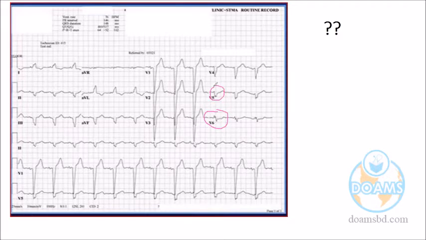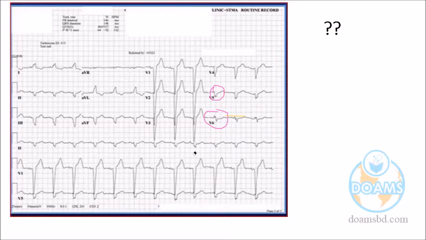Is there any fractionation of the QRS shape? There may be an M, or it seems to be a W also. In a simplified manner, we can say that fractionation is there, notching, broken. Yes. So now, what could be the diagnosis here?